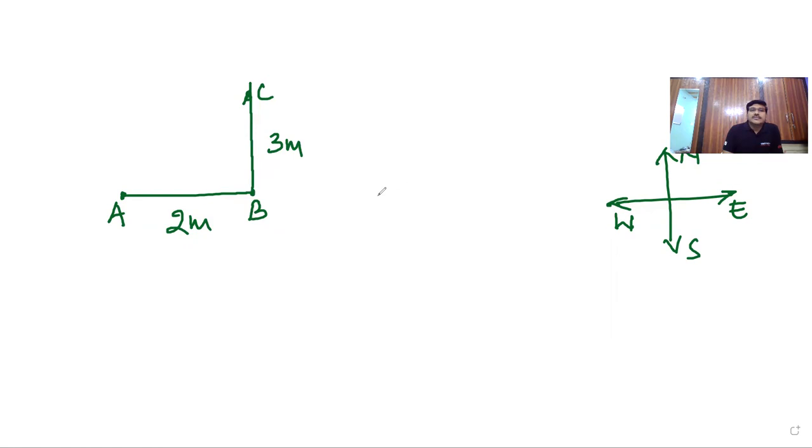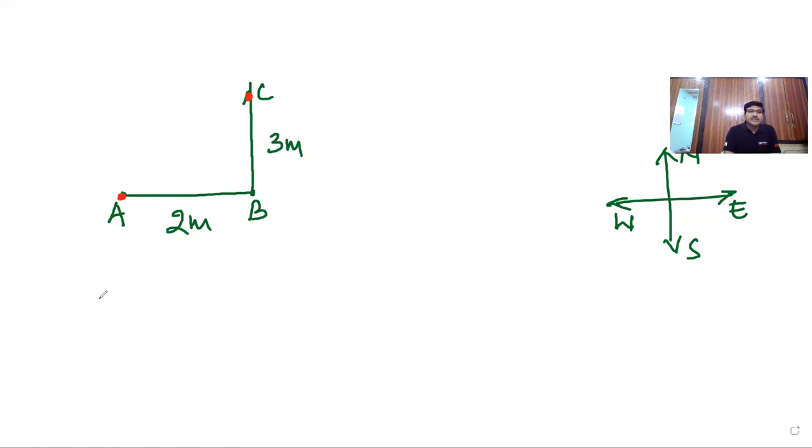Now, in this case, he's saying distance as well as displacement. Now, observe. This is initial point towards east up to B, 2 meters. He's walking. Then B to C towards north 3 meters. This is the final point. Clear?